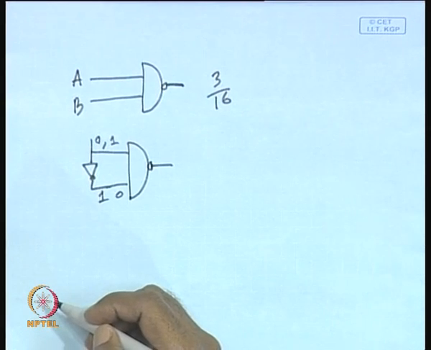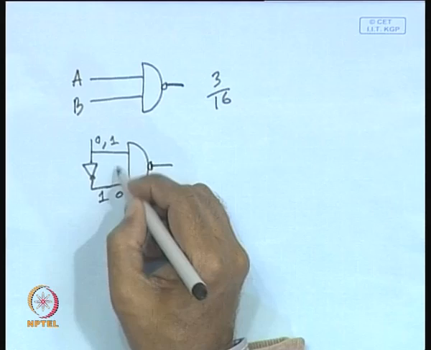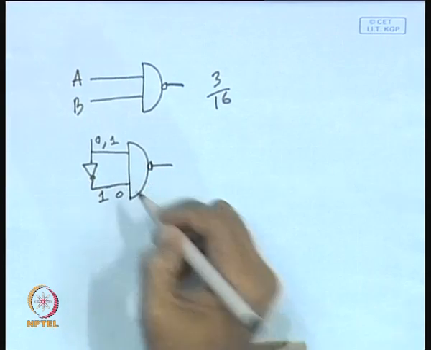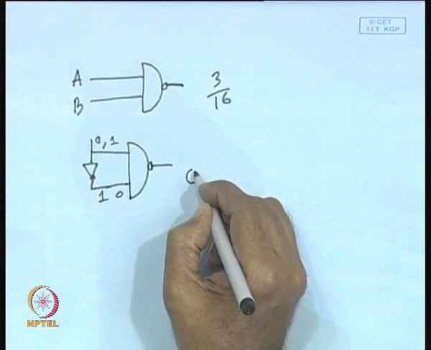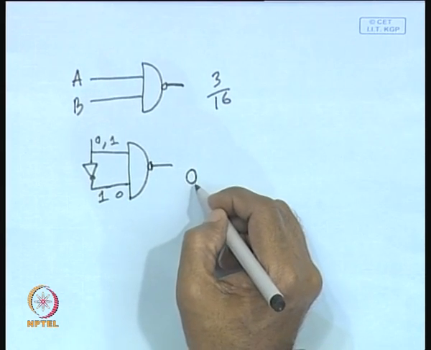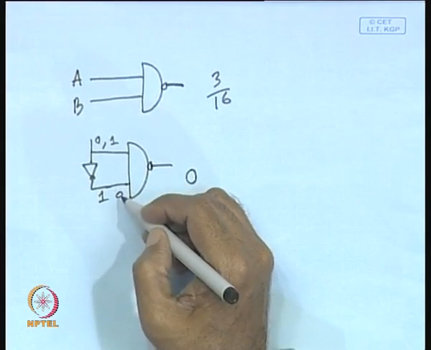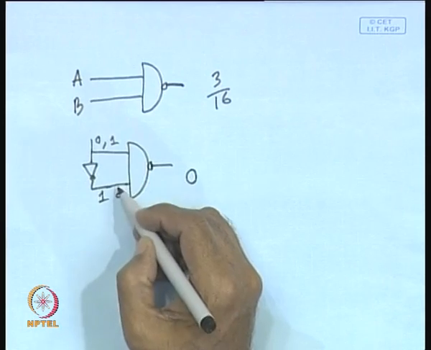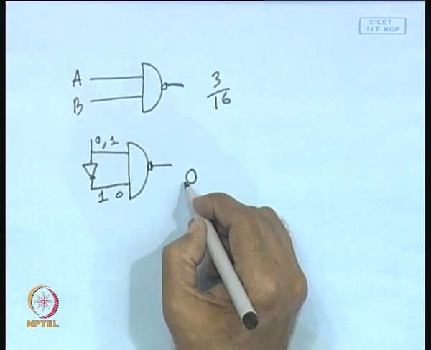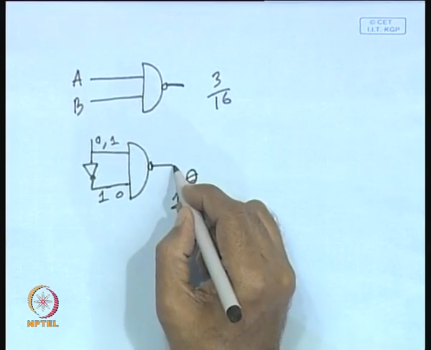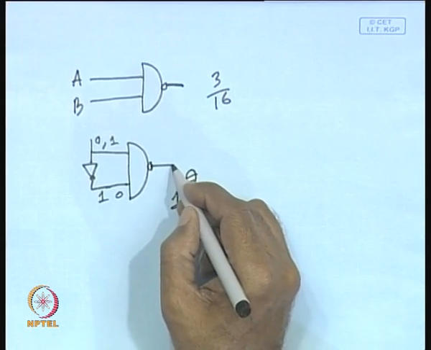So, in this case whenever this is 0, this is 1, and whenever this is 1, this is 0. So, what will be the switching activity here? And surprisingly you will find that since A and B are correlated, the switching activity will be 0 here, because the output will always remain 1. As you know, in a NAND gate, whenever any input is 0, the output will always be 1.